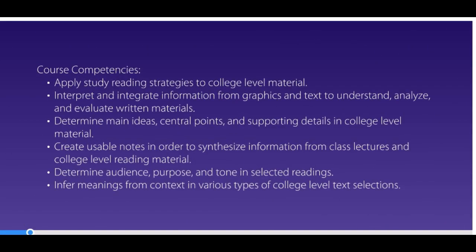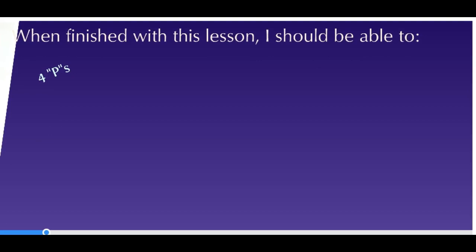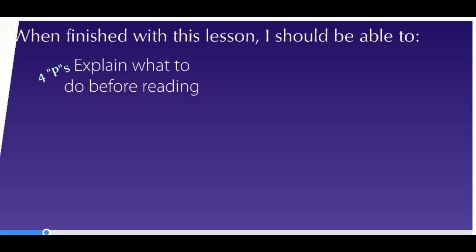Here is a list of the competencies that we will cover in this whole module. You don't have to memorize those, but in a nutshell, when we're finished with these series of lessons, series of videos, you should be able to do the following things. You should be able to explain what to do before reading in the form of the 4 Ps. That's the P part of PRO.